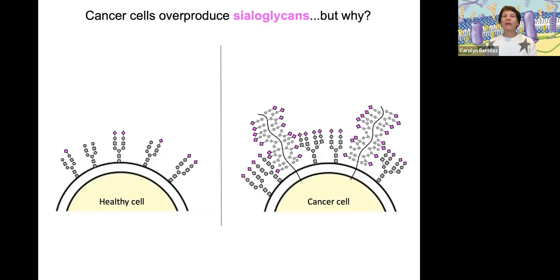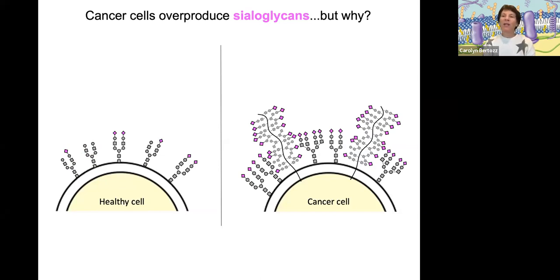So the backstory is that over half a century ago, people who study molecular changes in cancer made the observation that among those changes, almost ubiquitously, are changes in the pattern of protein and lipid glycosylation on the surface of cancer cells.